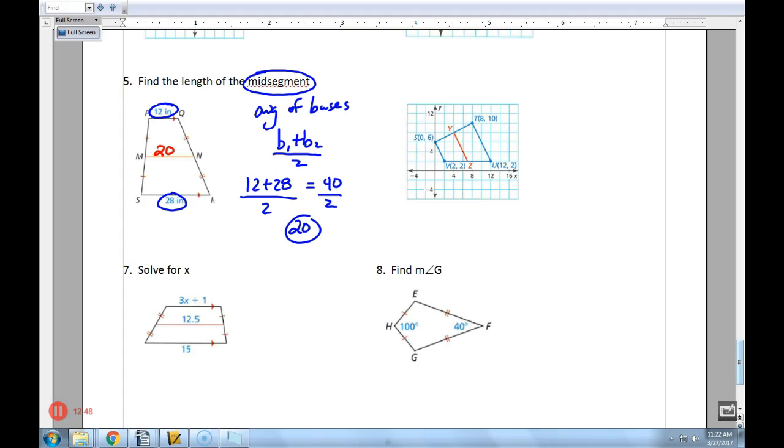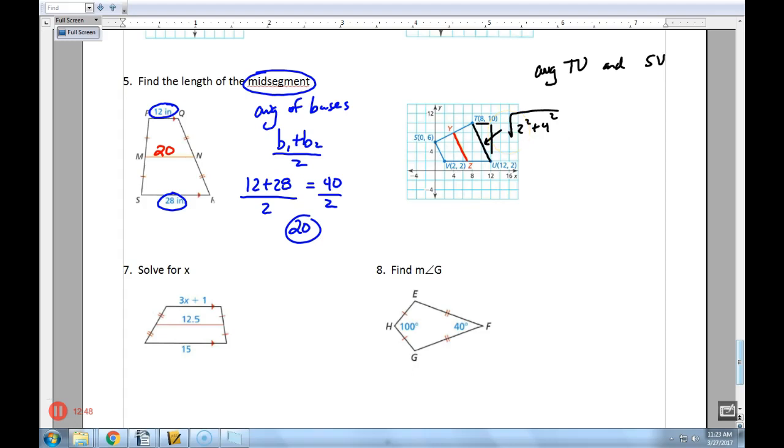Doing it on the grid here, I have to find YZ. So basically what I have to do is average TU and SV. So I've got to add TU plus SV and then chop it in half. So doing Pythagorean theorem, this leg right here is 2 squared plus 4 squared.